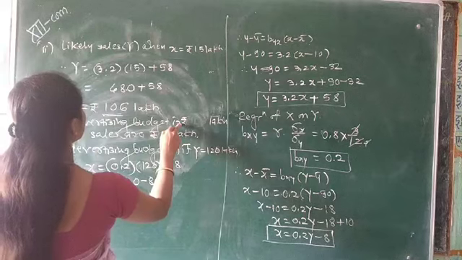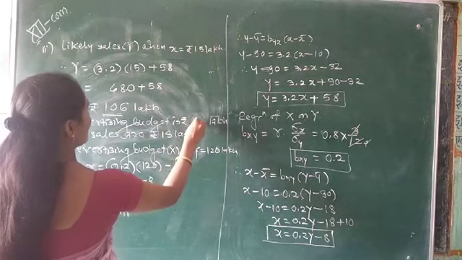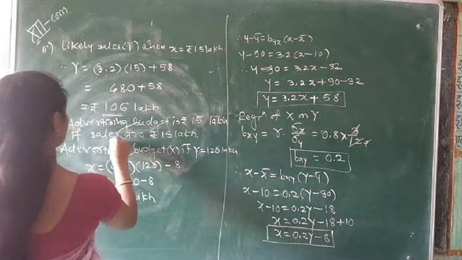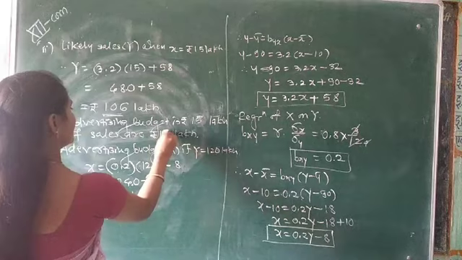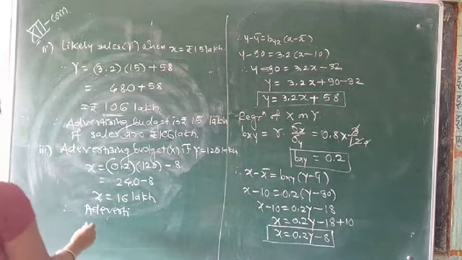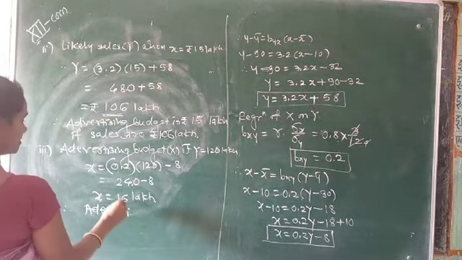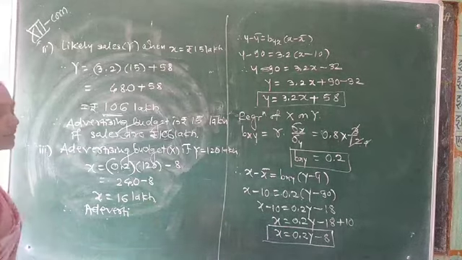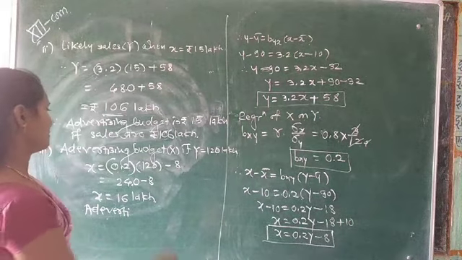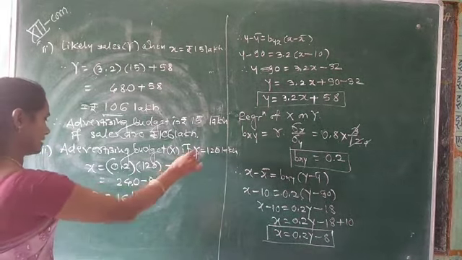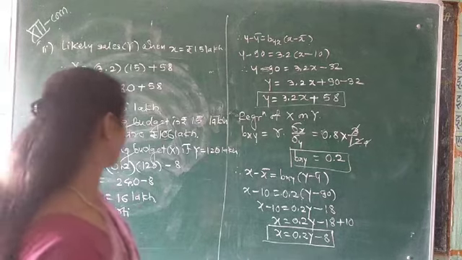Advertising budget is rupees 15 lakh if sales are 106 lakh, and here write advertising budget is rupees 16 lakh if the target of sales is rupees 120 lakh.